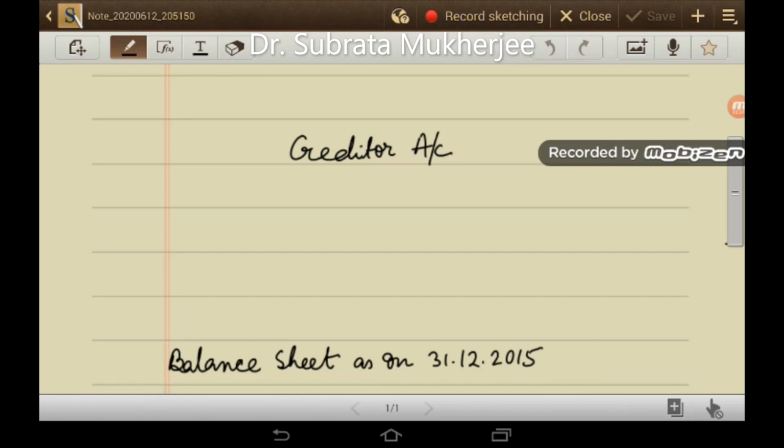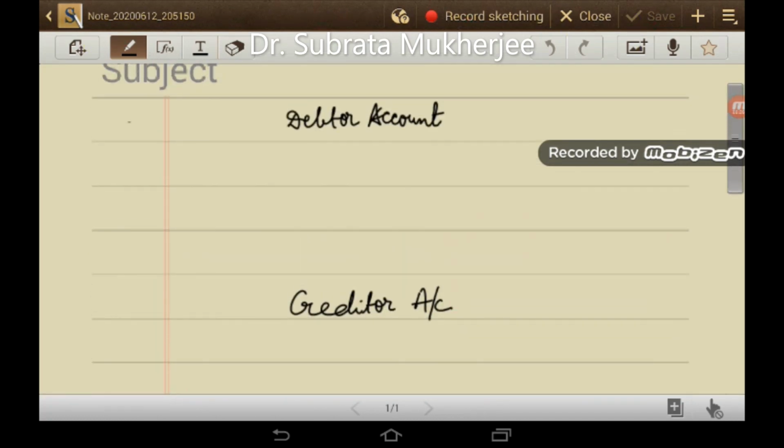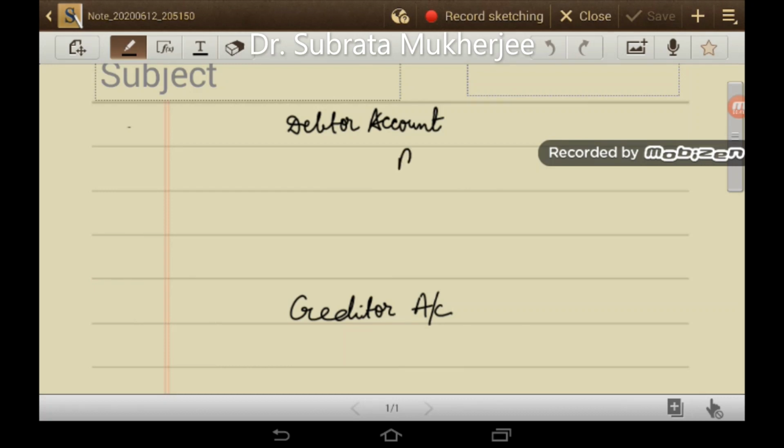Now, in the question, the cash book has been given. On the debit side of the cash book, receipt from debtor 60,000. So bank or cash account debit to debtors, and it will be posted in the debtor account, by cash or bank 60,000.